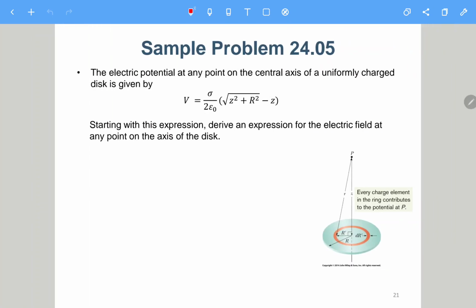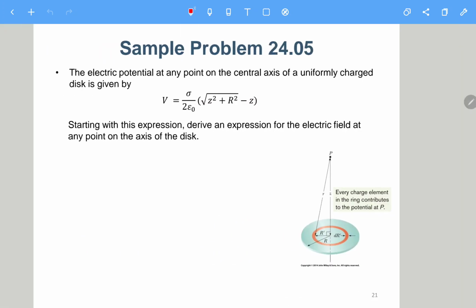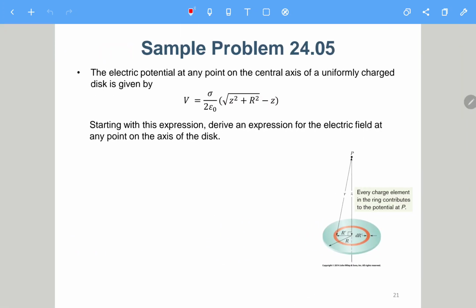So here we have a sample problem. Just now we derived the potential for this structure, the circular disk.